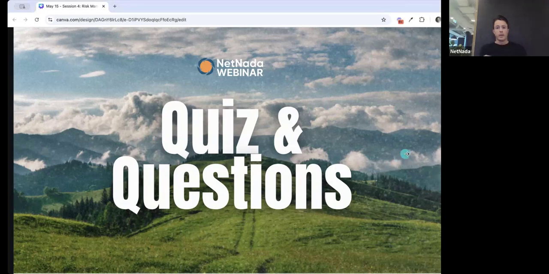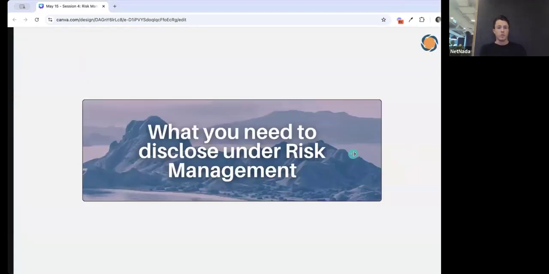Fantastic. If there are no other questions, then we will freeze the poll just there. The question was, what level of assurance is required for climate disclosures in year 3 of Australia's reporting regime? We had a few answers come in for limited assurance, but most answers came in for reasonable assurance. And it is correct. Reasonable assurance, C, is the correct answer.